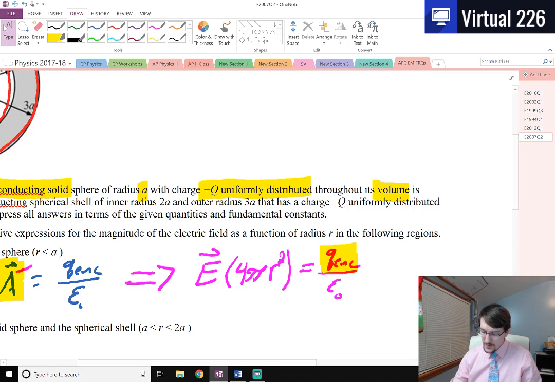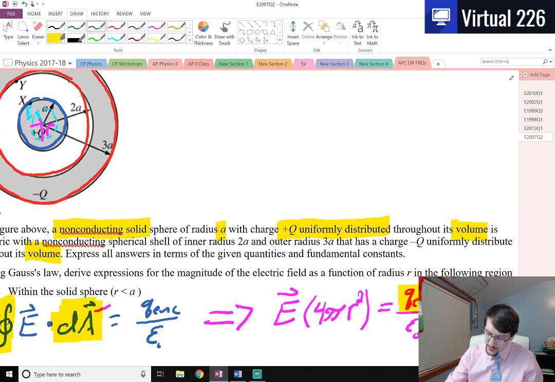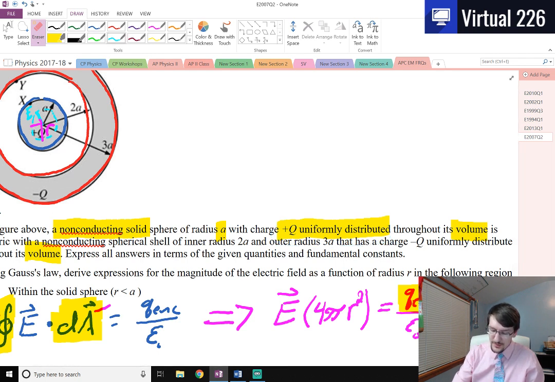We know that this inner blue sphere has a charge positive q uniformly distributed, but we don't know how much charge is going to be at some arbitrary radius, because that radius that we set is just within that inner sphere.